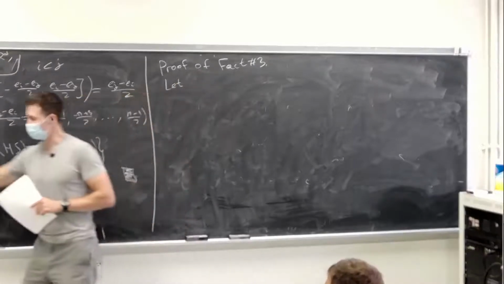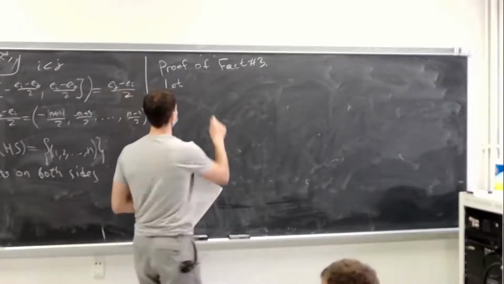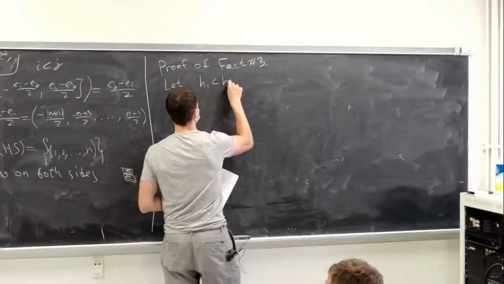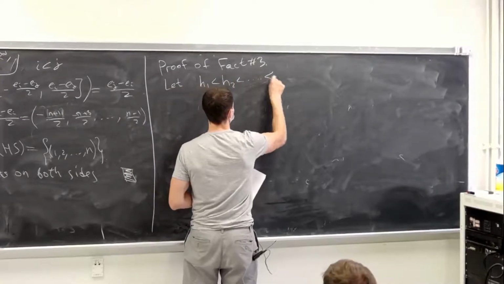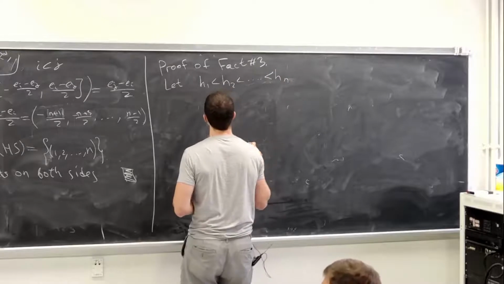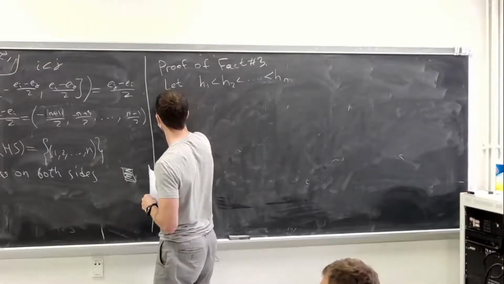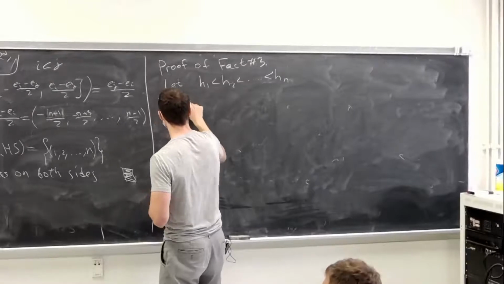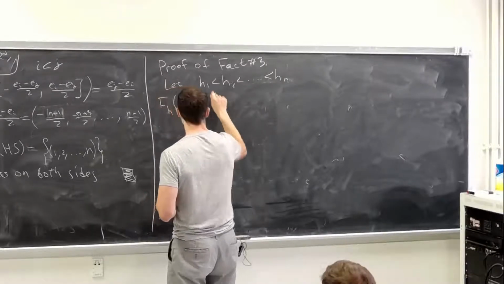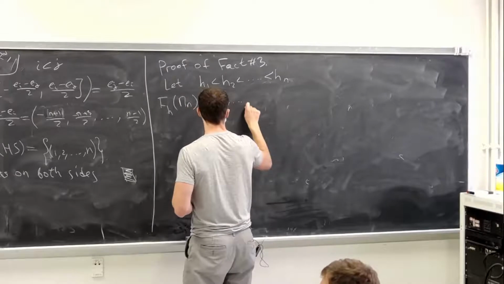Let's say we even take this same condition, an example of a generic vector. Then, as we know, the F_H of the Permutohedron is 1, 2, all the way up to n.